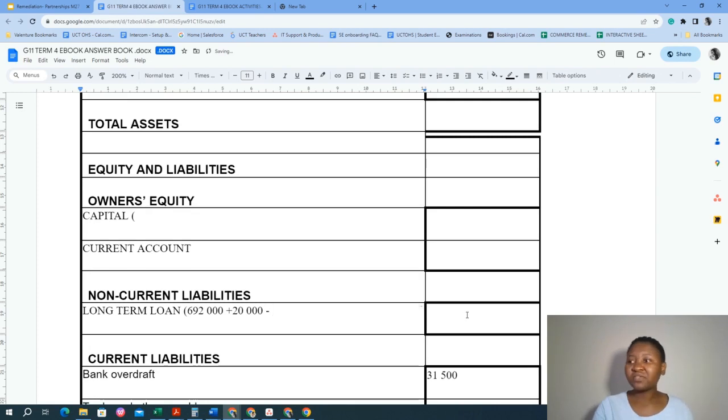You get it. So somehow we need to figure out how much was paid here. You can easily find how much was paid by just saying minus 662,000 here. So if I do that in my calculator, let me see, 692 plus 20,000 minus 662. So this means what? It means that 50,000 was paid here.